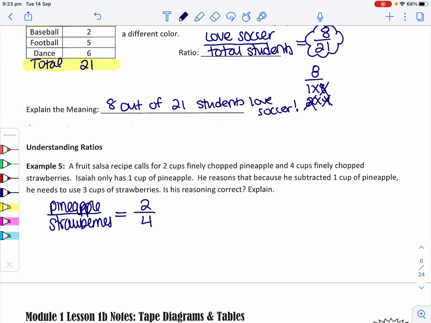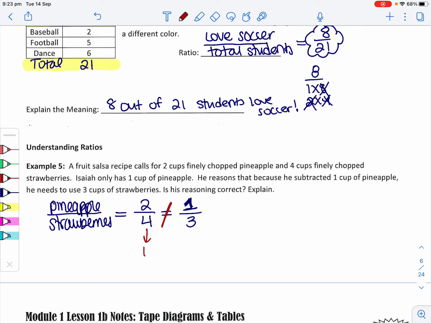Then it says he only has 1 cup of pineapple. So I want to know if I take away 1 cup of pineapple and only 1 cup of strawberries, does that make sense? In this particular case, no, because 2 over 4 is not the same as 1 over 3.